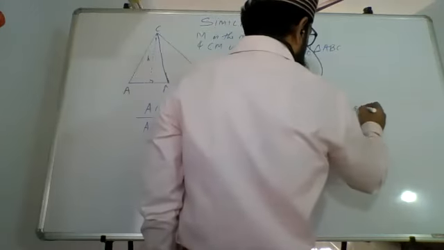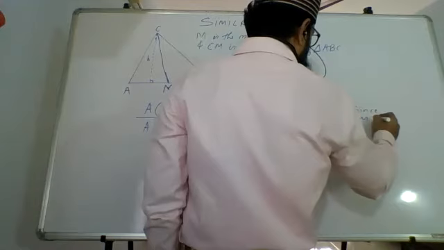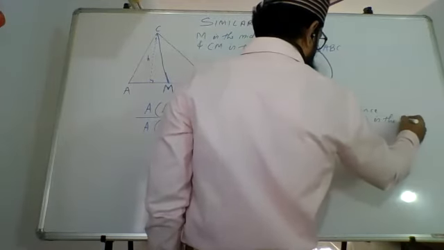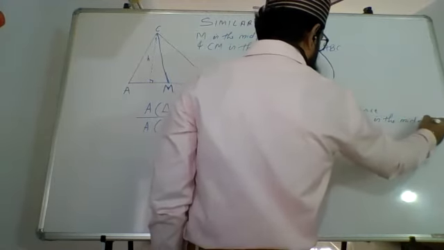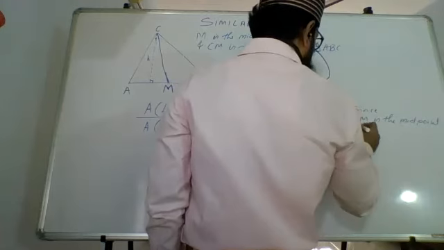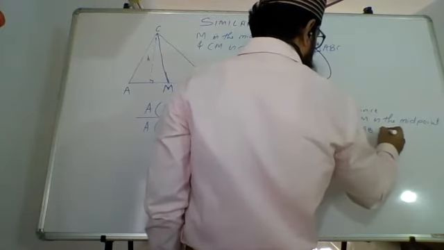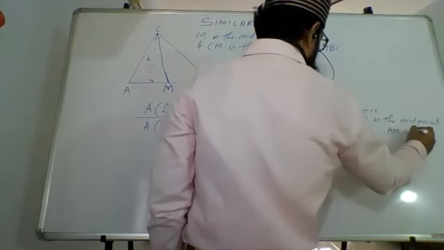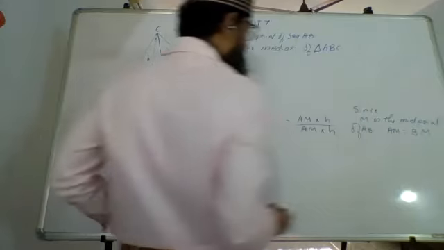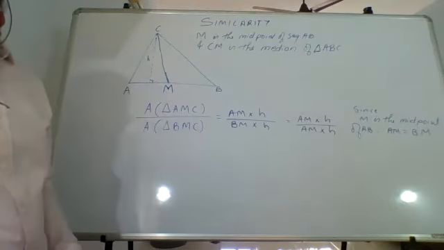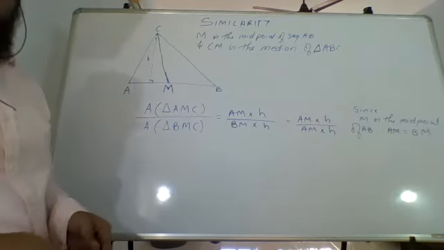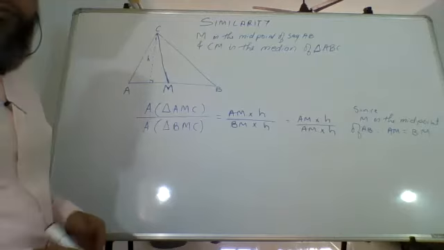Reason: since M is the midpoint of AB, therefore AM equals BM.